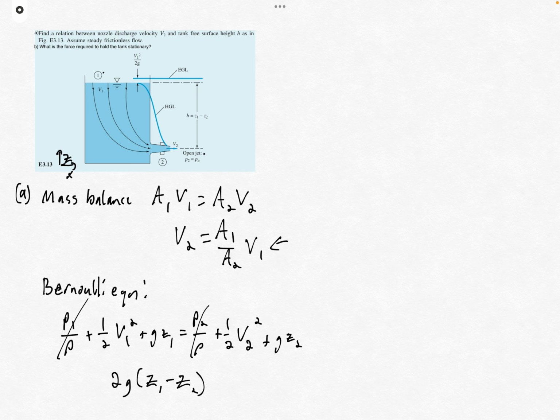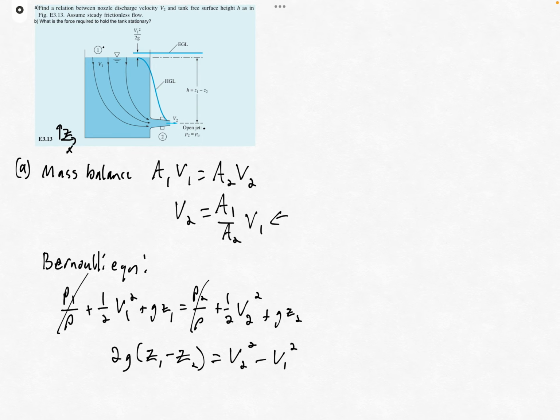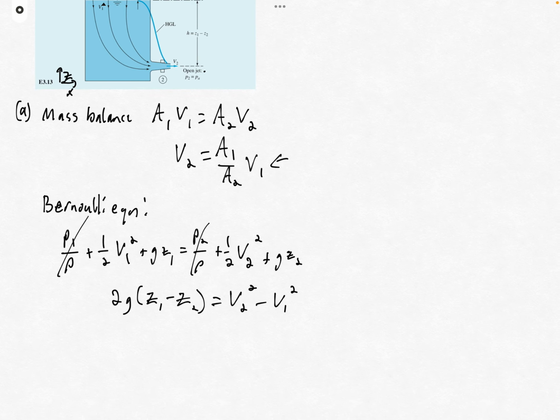So we're going to bring that term over, and this is going to be equal to V2 squared minus V1 squared. So 2g (Z1 minus Z2) is equal to V2 squared minus V1 squared. Now we're almost there, right? So we know that Z1 minus Z2 is just equal to H. So this is 2gH is equal to V2 squared minus V1 squared.